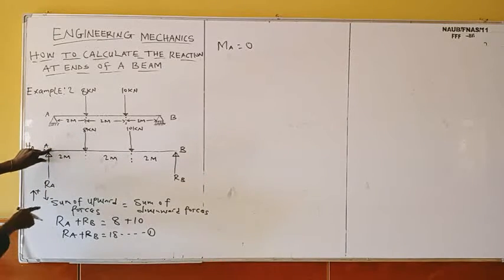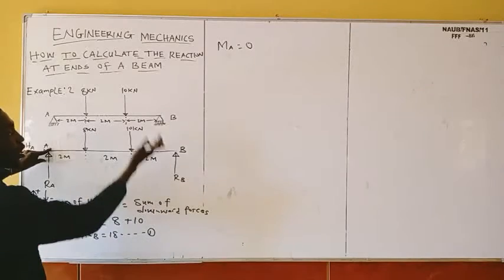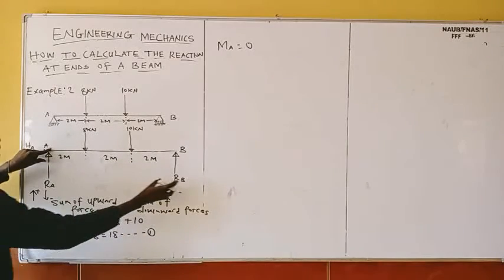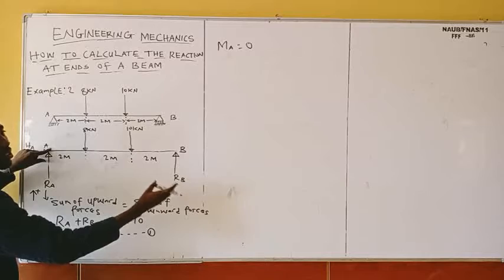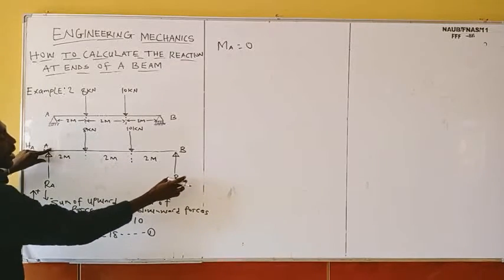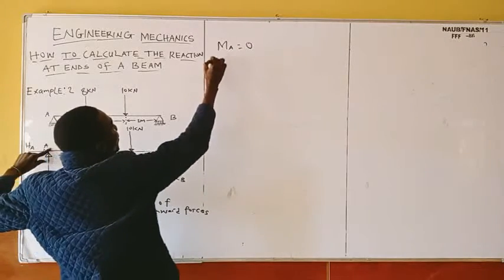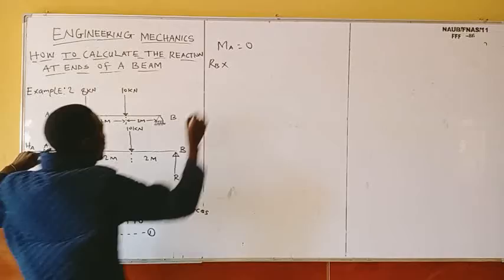And don't forget our coordinate. Upward force is what? Positive. And downward force is what? Negative, right? So now we'll start with what? Arrow B, which is what? Upward. So, and it means our moment is what? Force times perpendicular what? Distance. So it means arrow B times the total distance. So RB times, what is the total distance?